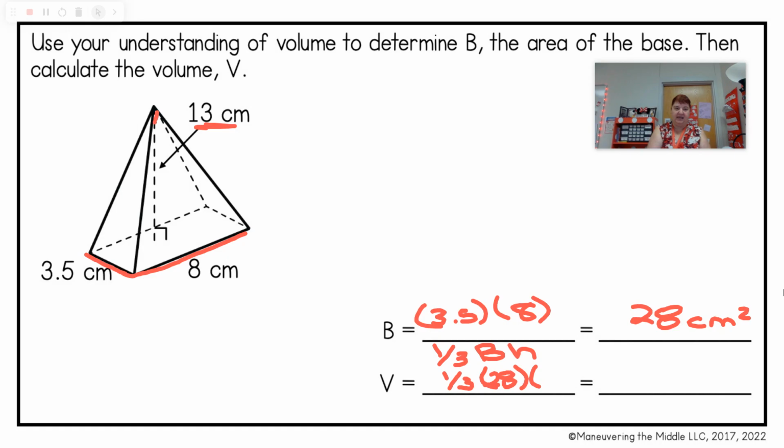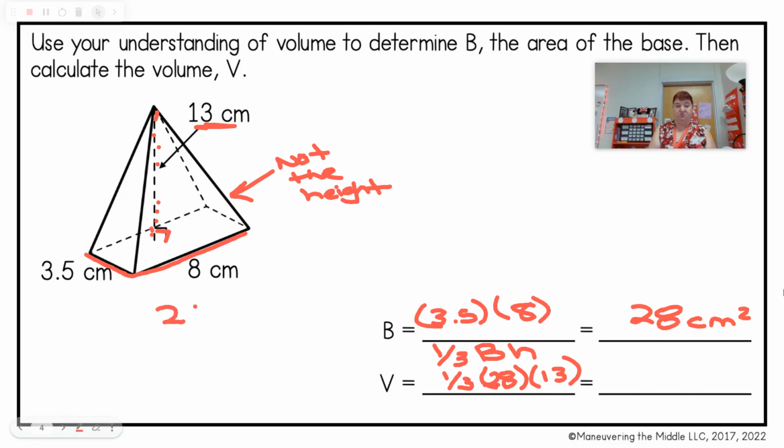See how this line is just dropped down from the middle? This is not the height. I'm telling you, they're going to put in what we call distractors and try to tell you that's the height, and it's not the height, okay? So times 13.